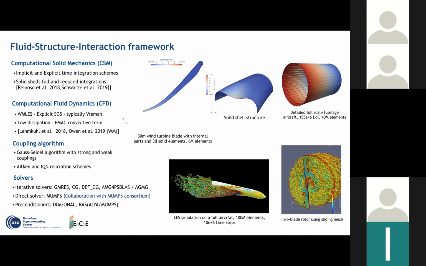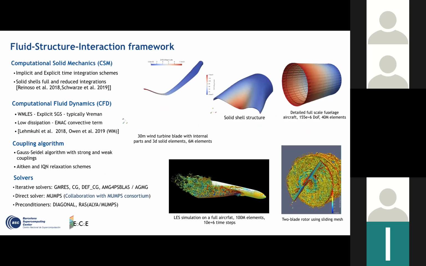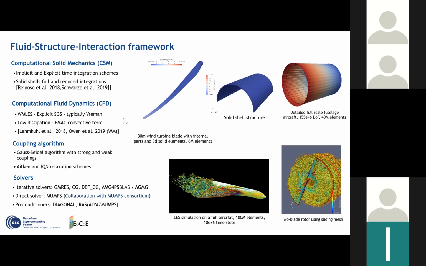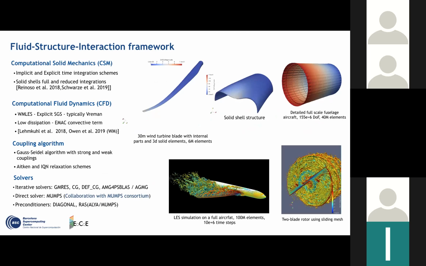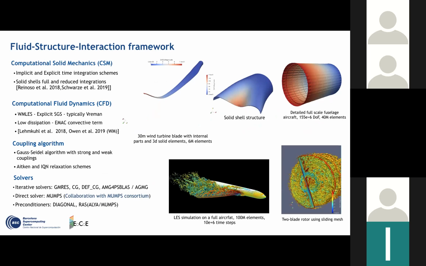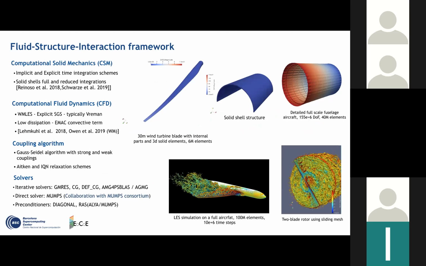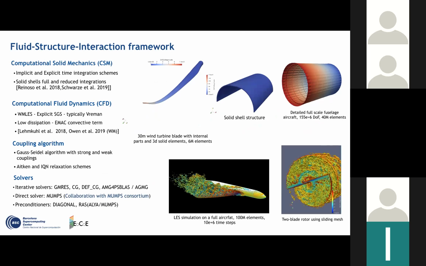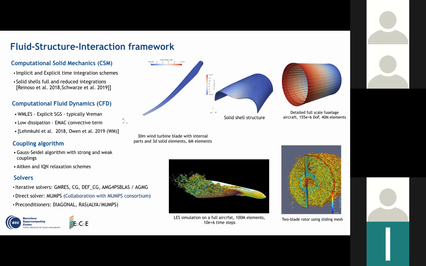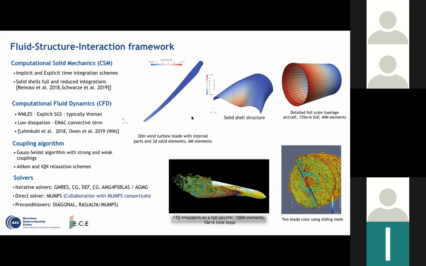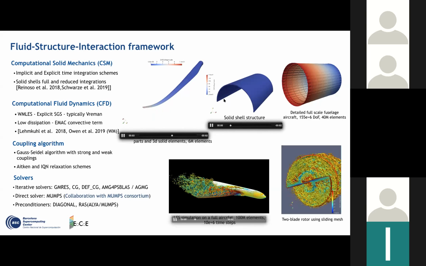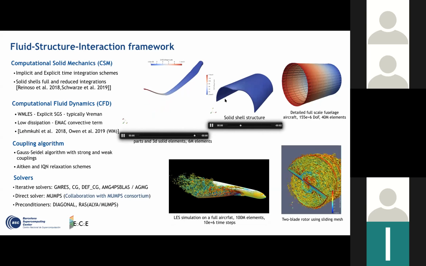Moving to the framework of the fluid structure interaction, in this case we have collaborated with other teams from Alya, from computational fluid dynamics, because this is a simulation of 2 physics: the solid mechanics problem and the fluid dynamics problem. For the solid mechanics, we have solved different kinds of structures.